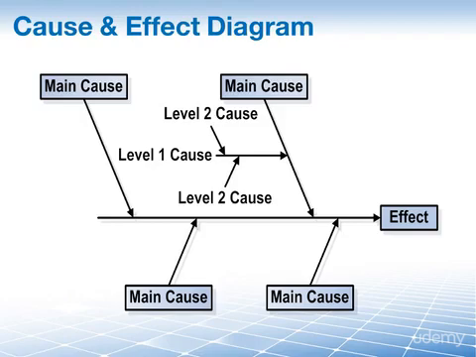You fixed it and then later you found out that you didn't fix the right thing and the problem just came back again? This proves that you failed to identify the real root cause of the problem. The cause and effect diagram, the fishbone diagram, the Ishikawa diagram here, is designed to help you avoid this situation.